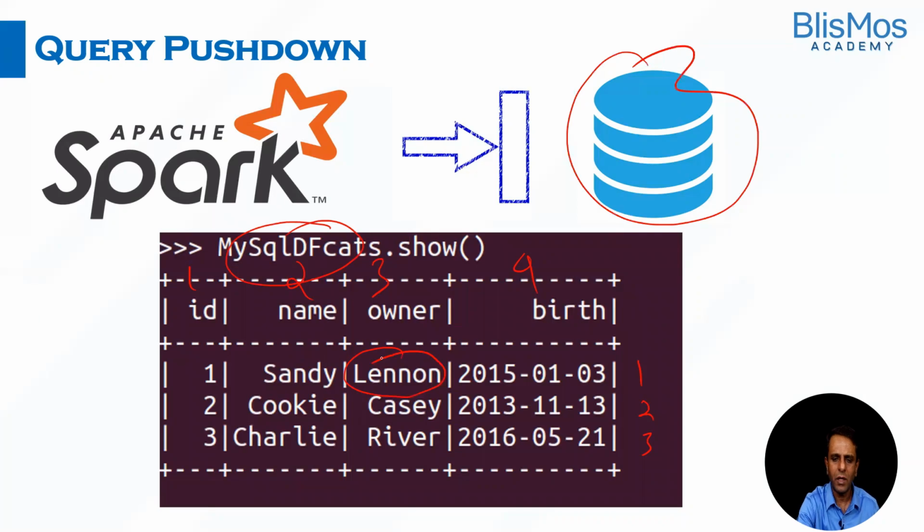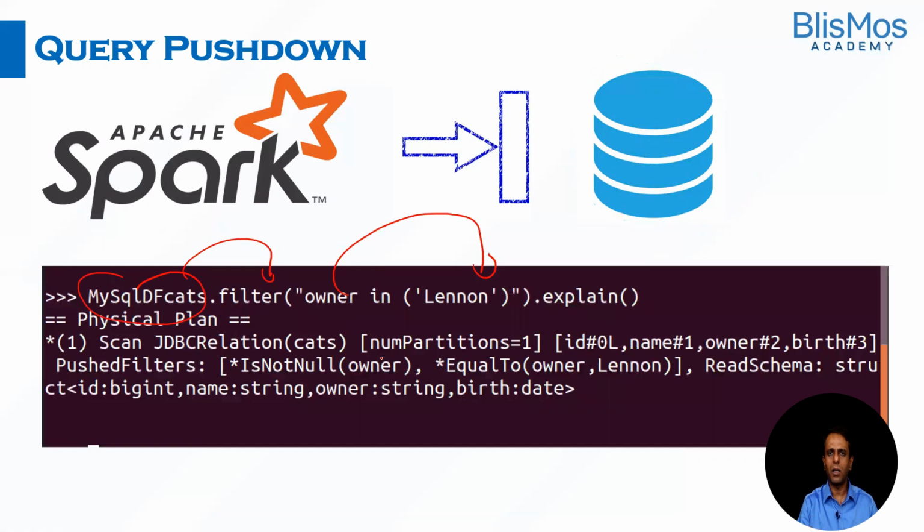We want to query only the records which have owner as Lennon. Spark will not read all the records or create a data frame while defining the data frame itself. It will do that when an action is called. Filtering is a transformation.